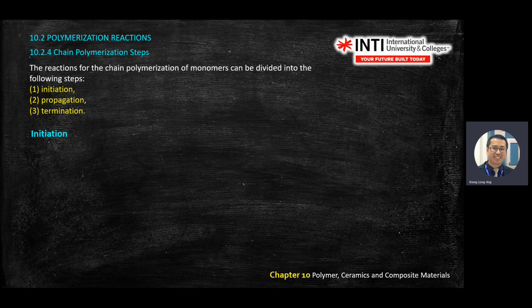Propagate means it continues to break the chain, and then it stops. So these 3 words are important. You don't use your layman words. If you are asked to explain the chain reaction or chain polymerization steps, you need to mention initialization, propagation, and termination.